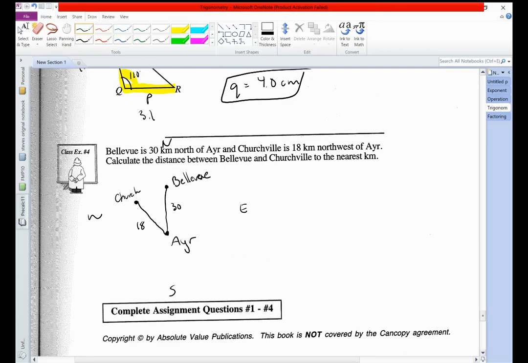This is a trick question. All right, I see what they're doing here. So they want us to find this side right here. The problem is we have these two side lengths, which is great, but we don't know the angle between them. So what I want to do is first look at a compass.